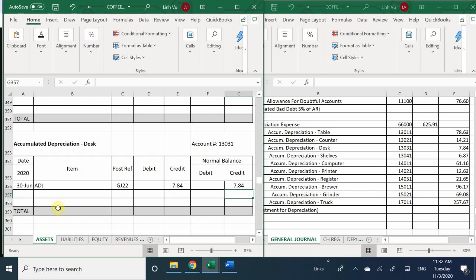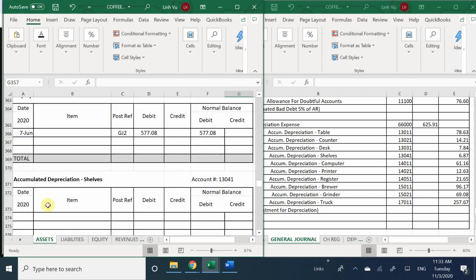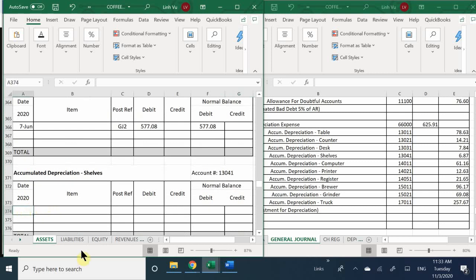Same thing, scroll down to my accumulated depreciation for my shelves. Credit for $6.87. Same thing with my credit here, $6.87.